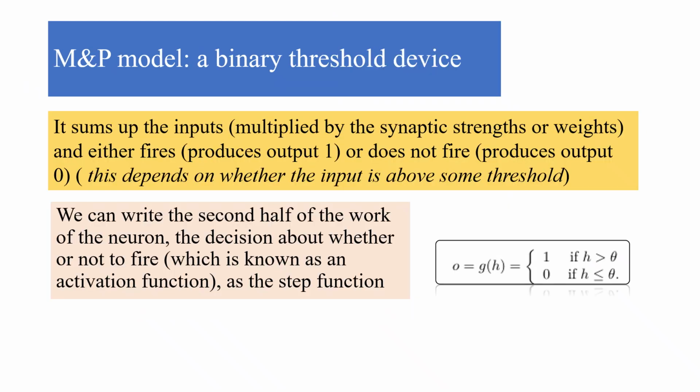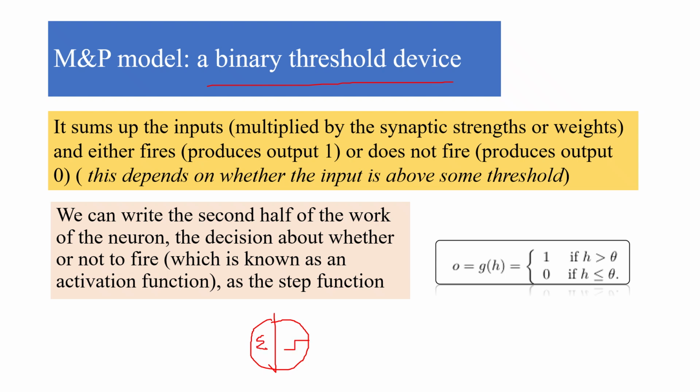So we can say that the McCulloch-Pitts model is a binary threshold device that adds up the inputs and either fires or does not fire. Which means we can say that this neuron actually works in two parts. We have this adder here and we have this threshold function here.